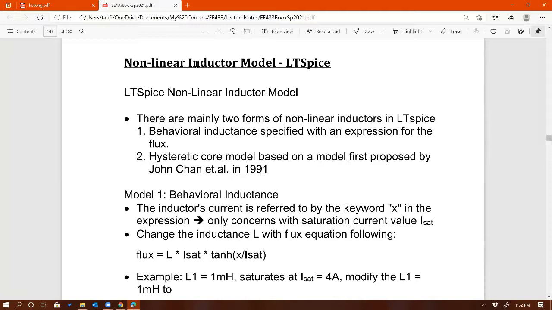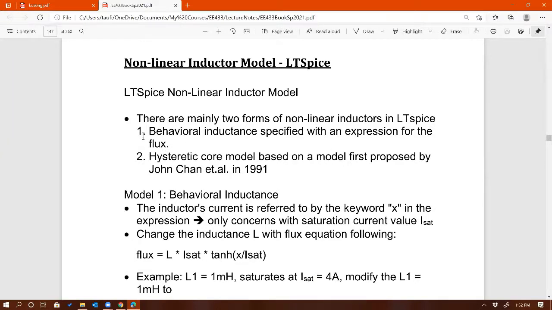So for the inductor, there are two nonlinear models in LTspice. You did one of them this week. The first one is behavioral inductance specified with an expression for the flux. So it's basically a flux model.